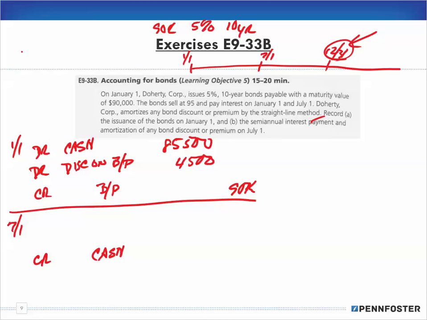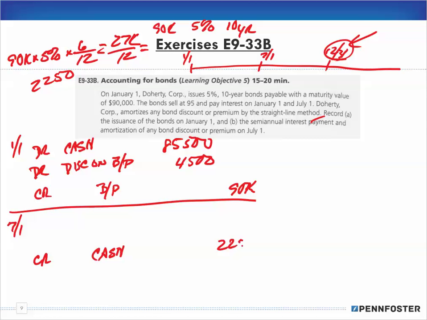Well, we're putting out the 90,000 at 6%, and it's for a 5-month period. So 90,000 times 0.06 times 5 is equal to 27,000 divided by 12, and that equals 2,250. So we're going to credit our cash for 2,250. We know we have to pay that amount out.